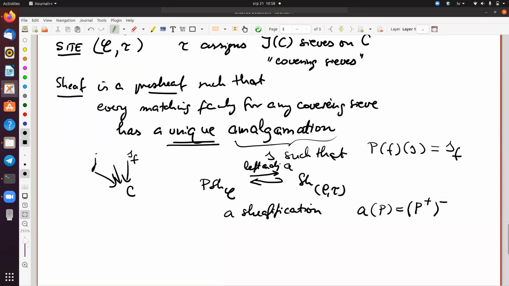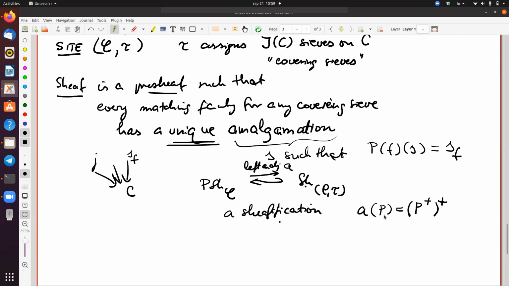But if I repeat this plus construction twice, it makes sense, because, like in the case of sheaves on topological spaces, we had separated pre-sheaves, where if there is an amalgamation then it's unique. We call it a separated pre-sheaf or a mono pre-sheaf. So in the first phase, you get into mono pre-sheaves. And then in the second phase, for mono pre-sheaves, A of P is only one plus construction.